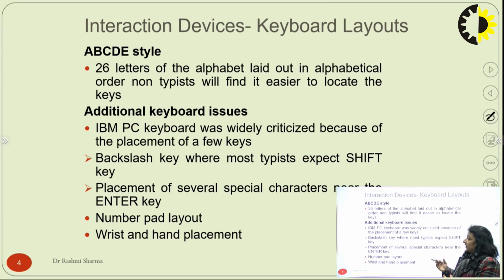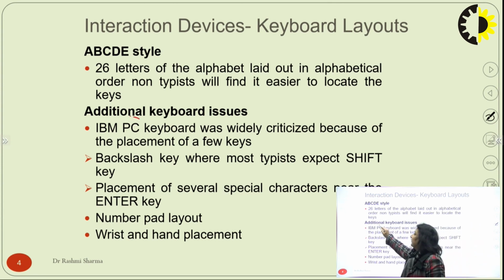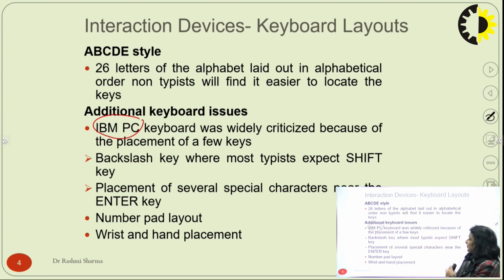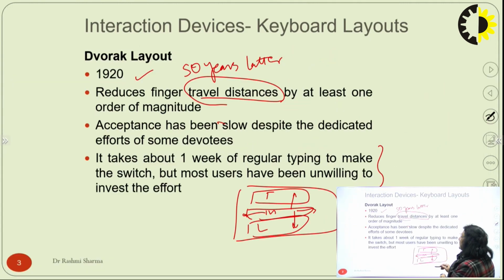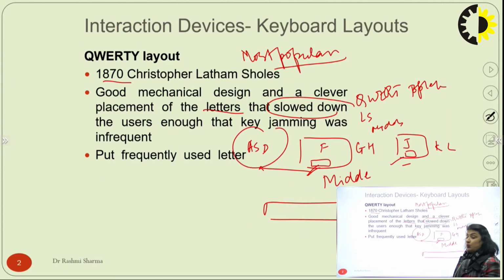But in addition, this was given by the IBM PC keyboard, which is widely criticized because of the placement of these particular keys. I have to use some of the keys most frequently. As I told you, we usually use A, S, D most frequently, and E, R, T are also most frequently used.